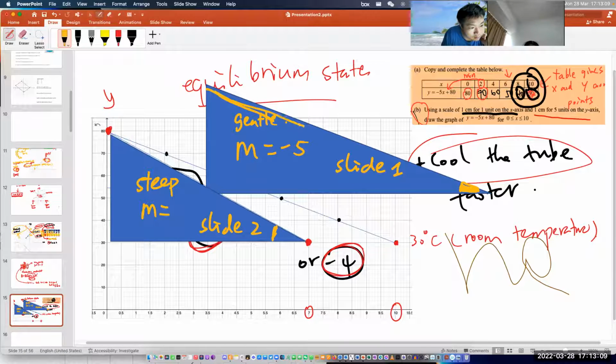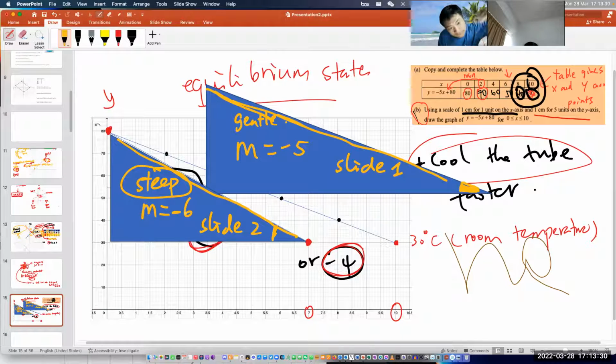This is more gentle. This is more steep. So when the slide down is more steep than the previous one, your m is going to be more negative or less negative? It's going to be more negative. More negative signals a very steep slide.